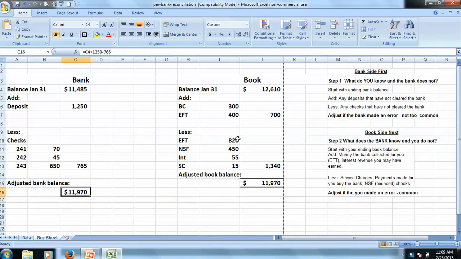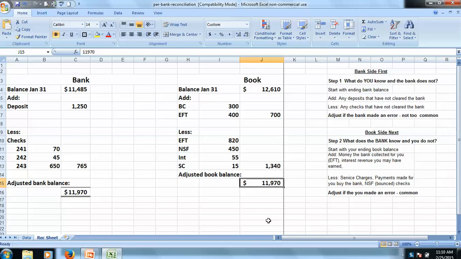So there we've got that electronic funds transfer for rent, the non-sufficient funds, the interest, the service charge. We're going to subtract $1,340. So we start with our ending book balance, add in any deposits collected, subtract out any amounts that the bank has taken away. That will give us our adjusted book balance.